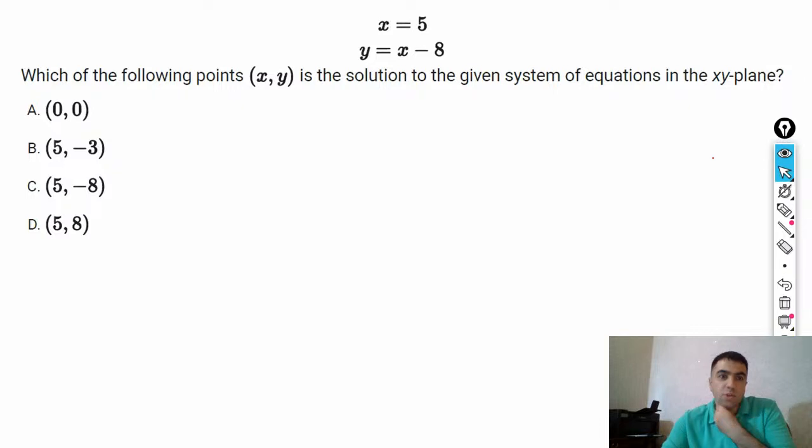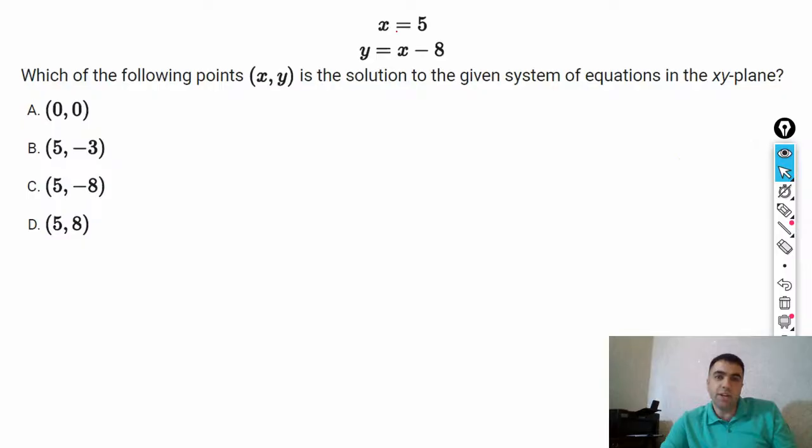The question is, which of the following points, x and y, is the solution to the given system of equations in the xy plane? Turan has said B. If x is 5, then y is equal to -3. Yes, you are right, Turan.